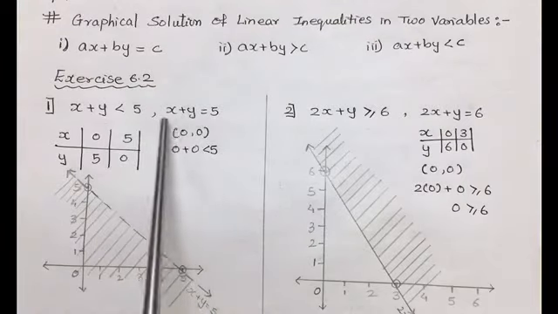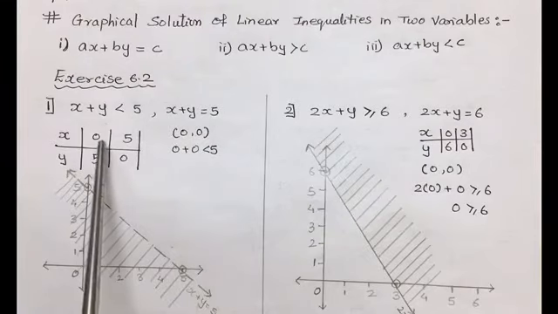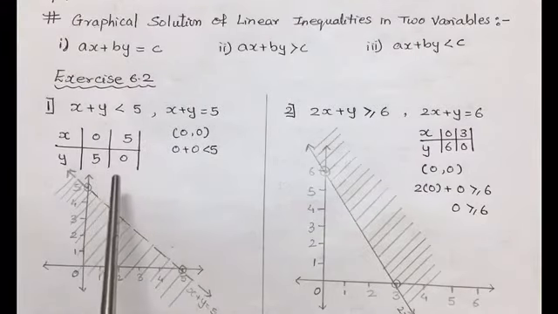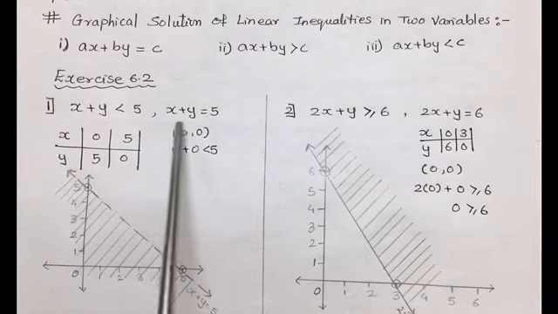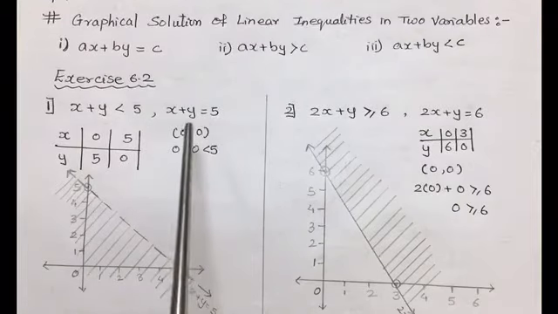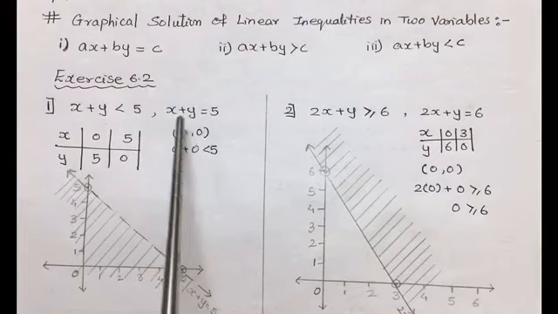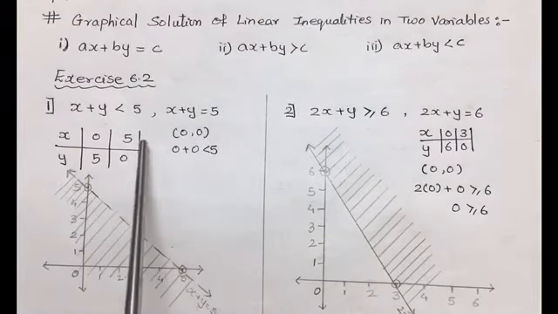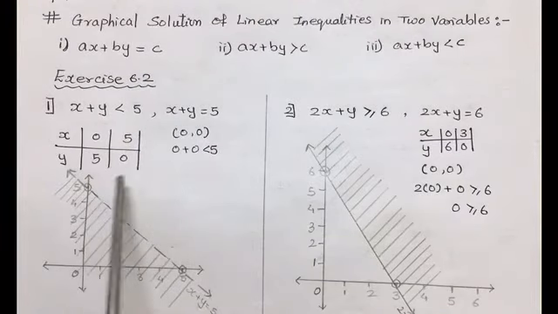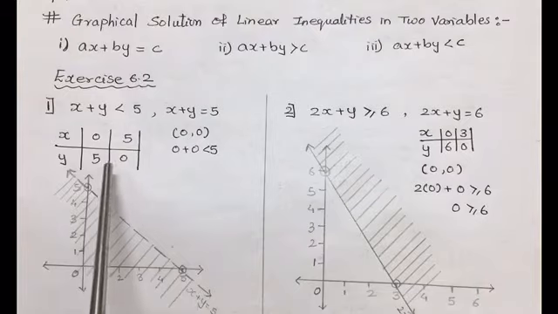Now in this equation, one time taking the value of x as 0, so putting x 0, y value becomes 5, and if we keep y as 0, x becomes equal to 5. So minimum two values are needed.